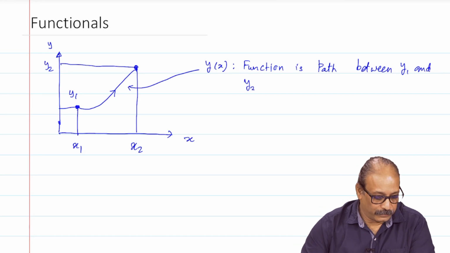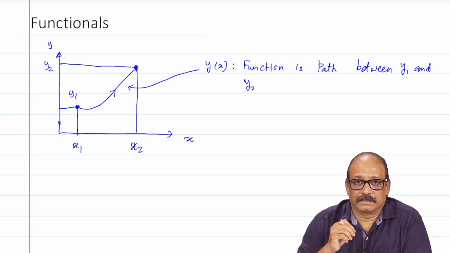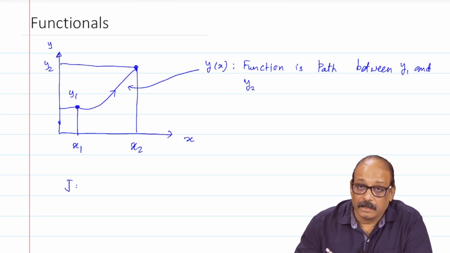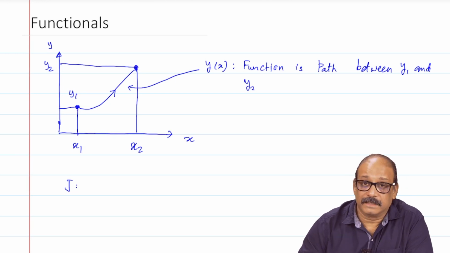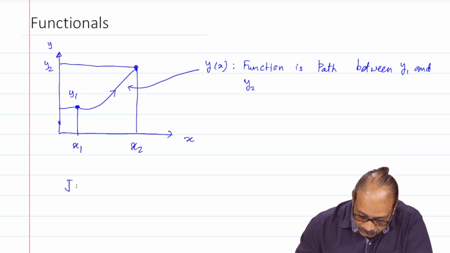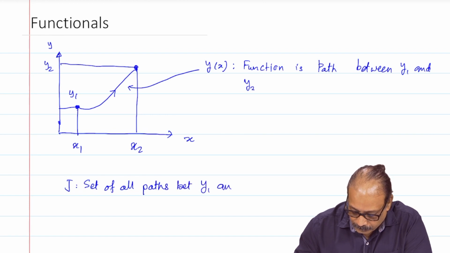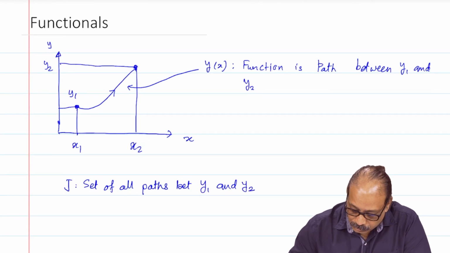And what we are going to do is with each path we will assign a scalar value J, which is basically a function from the set of all paths between y1 and y2 to real numbers.